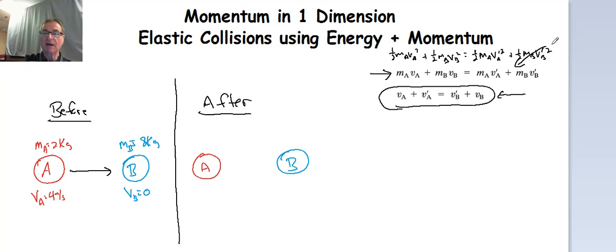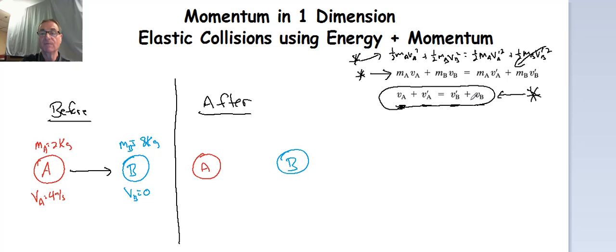All right, that would be the conservation of energy equation. And what happens is if I add this equation and this equation together, you wouldn't think you would get something nice and simple, but in fact we do, and it's this third equation: Va plus Va prime is equal to Vb prime plus Vb.